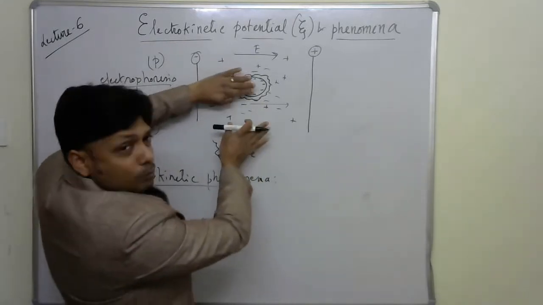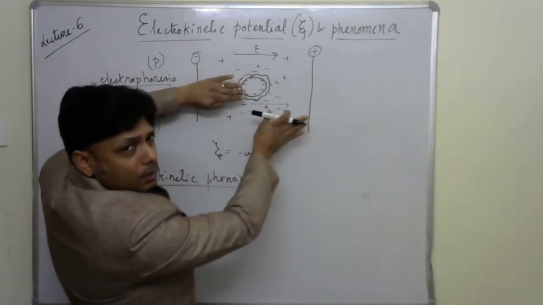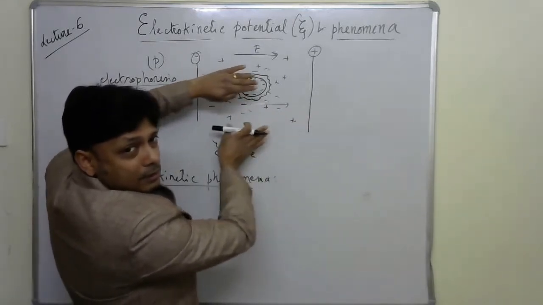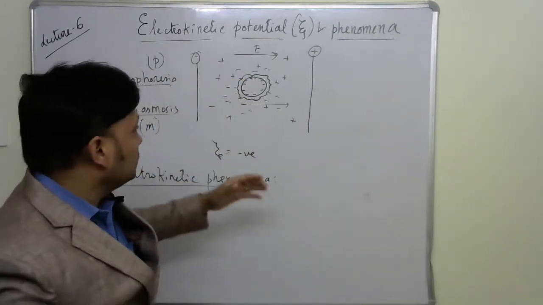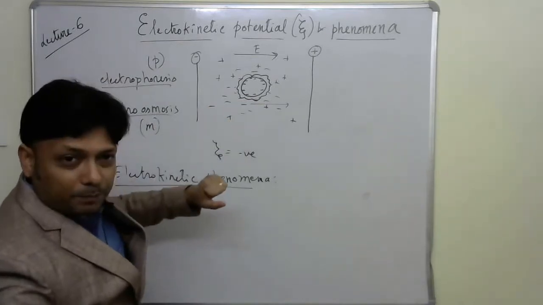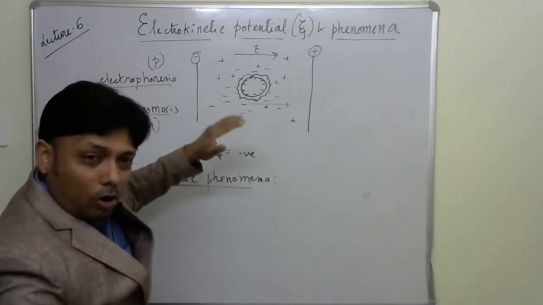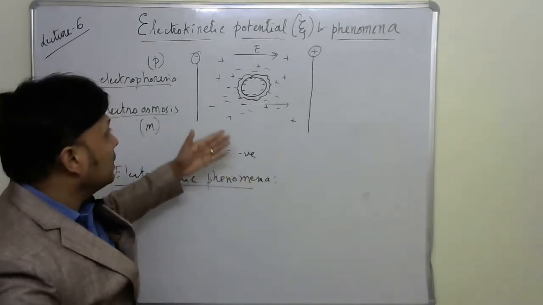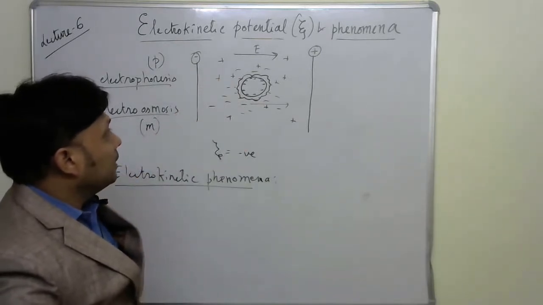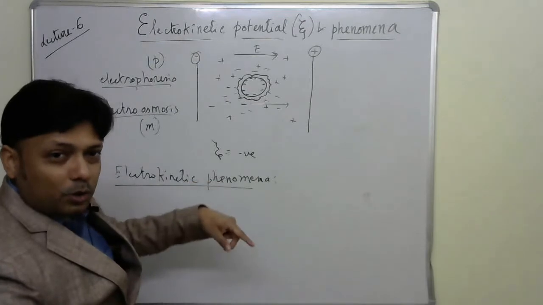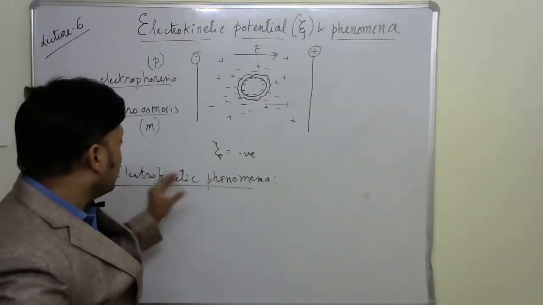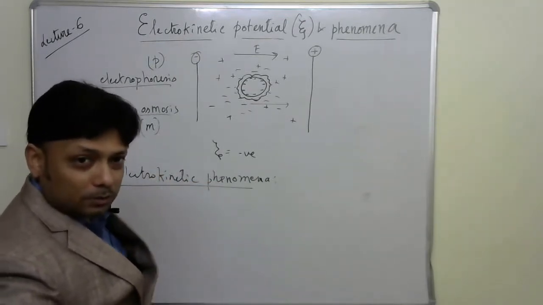So there will be relative motion. So one moves this side and another moves this way. So this relative motion of the charged particle with respect to the medium would also generate some electric field or electric potential. So that also comes under this electrokinetic phenomena, and that's possible.